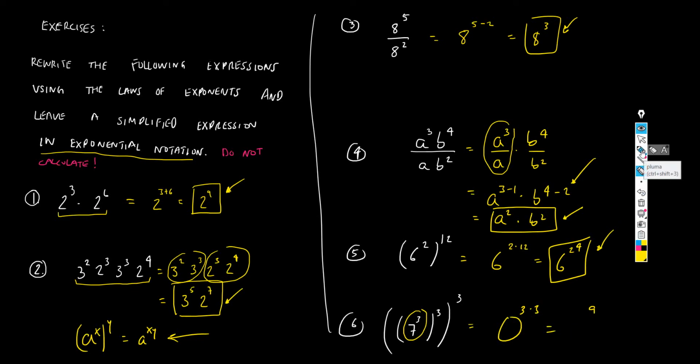So we have 7 to the 3 to the 9. You see what I did? And now I can use once again the same rule. 7 to the 3 to the 9 is going to be 7 to the 3 times 9, which is 7 to the 21. And this is the final simplified version of 7 to the 3 to the 3 to the 3. It's going to be 7 to the 21.